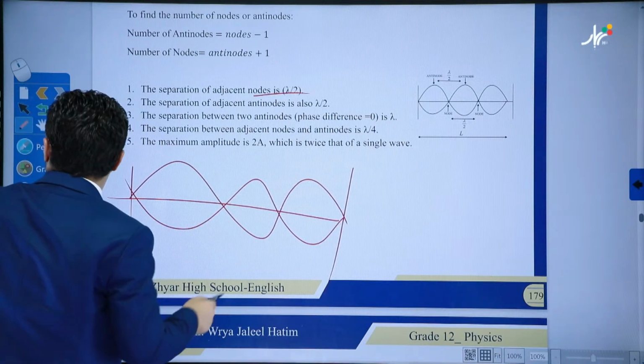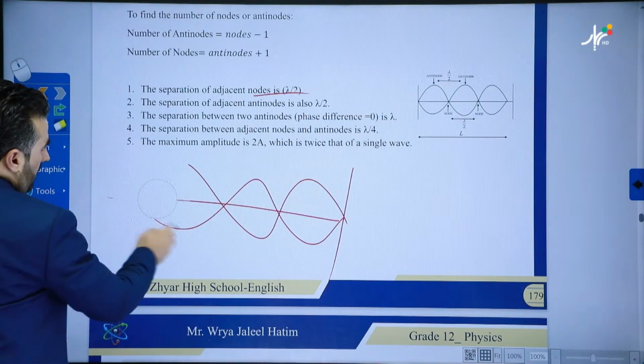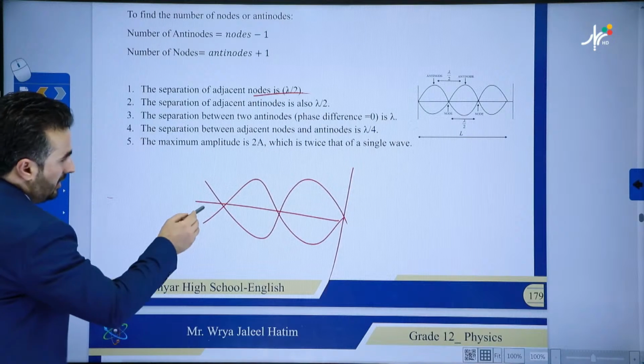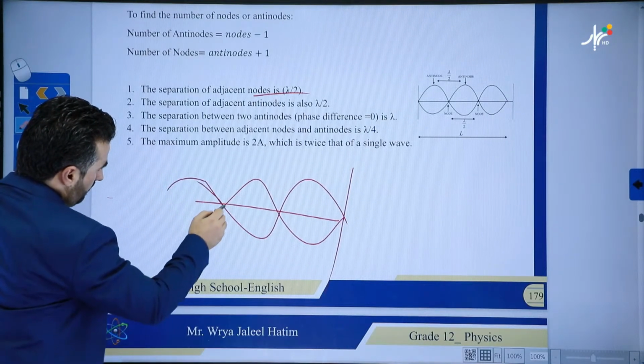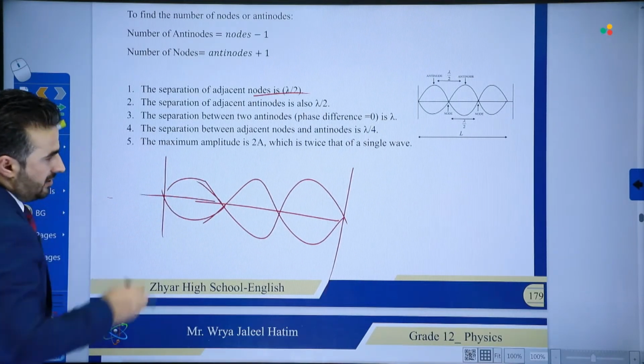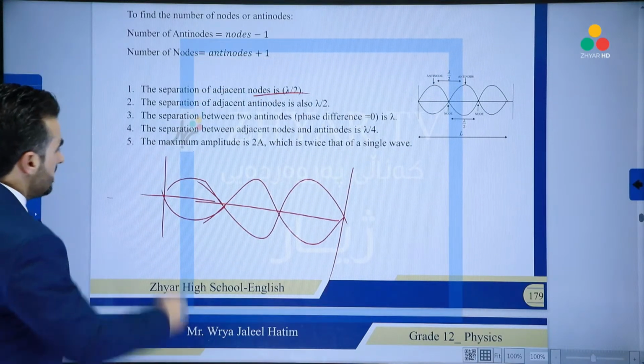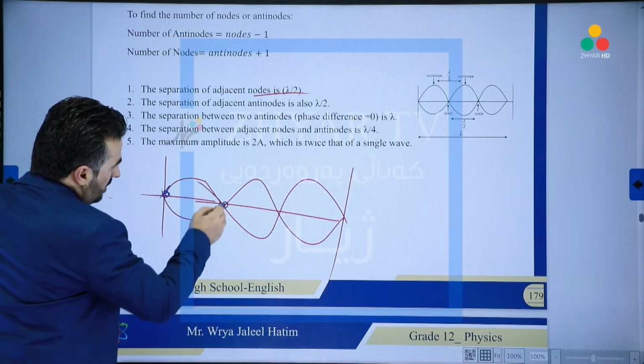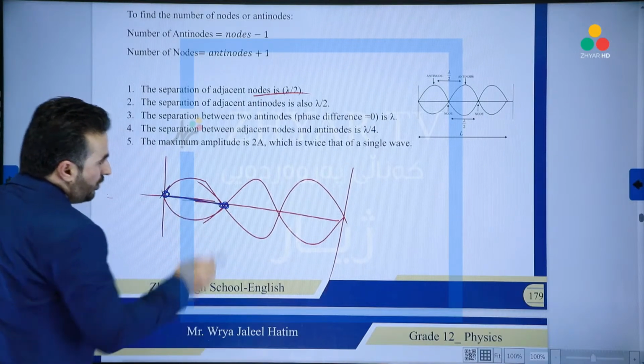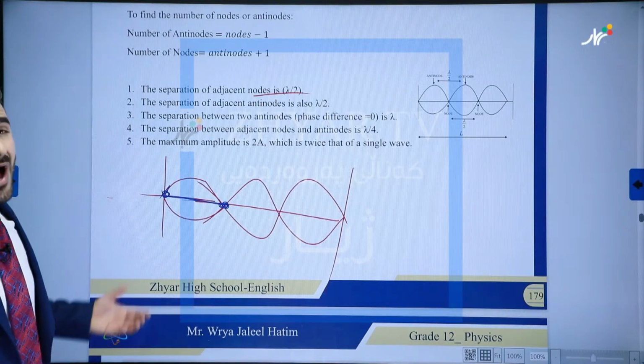So let's say this is, I think I'll have to make this one a little bit better to see this more clearly. So you can see here the separation between two nodes, yeah? So this is one node and this is another node, yeah? So this separation between the two is half a wavelength. Why half a wavelength?